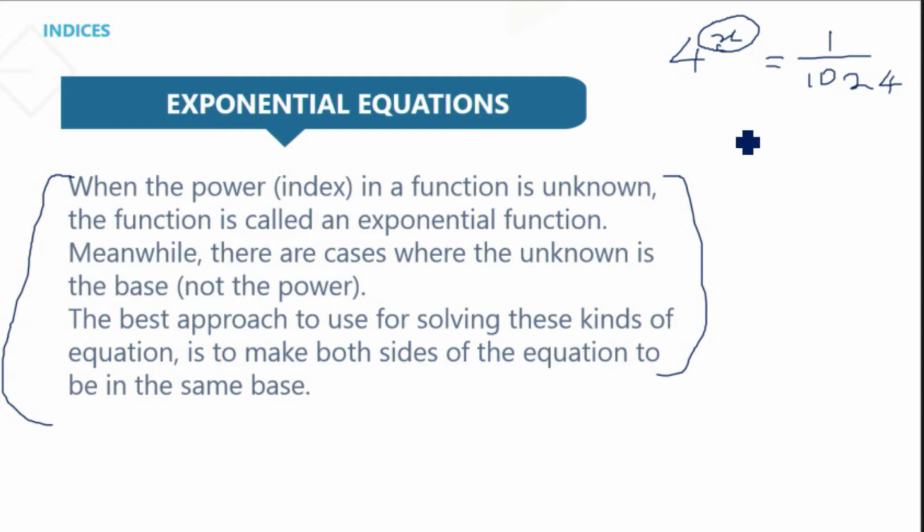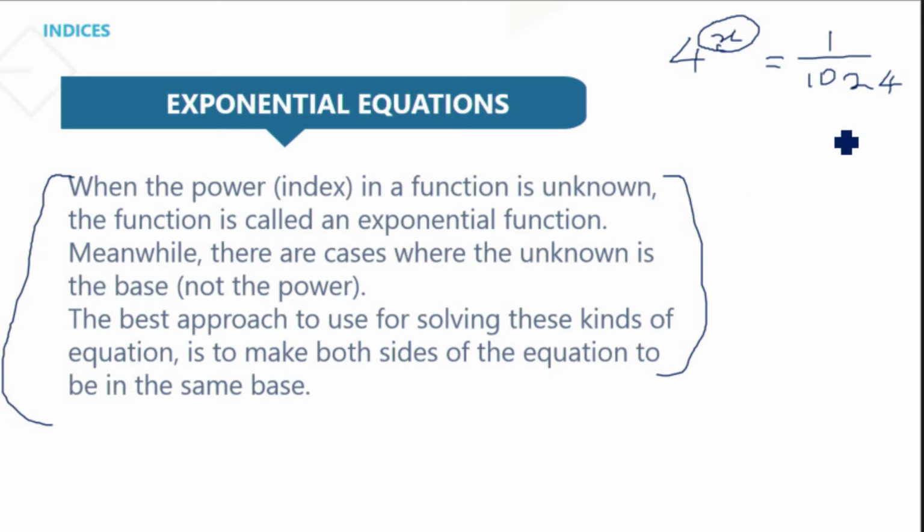So this is an exponential equation. Meanwhile, there are cases where the unknown is the base, not the power. Now look at the best approach you have been given to solve questions on exponential functions or equations. The best approach to use for solving these kinds of equation is to make both sides of the equation to be in the same base.